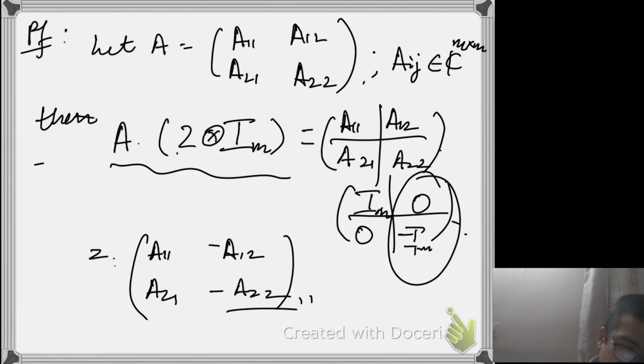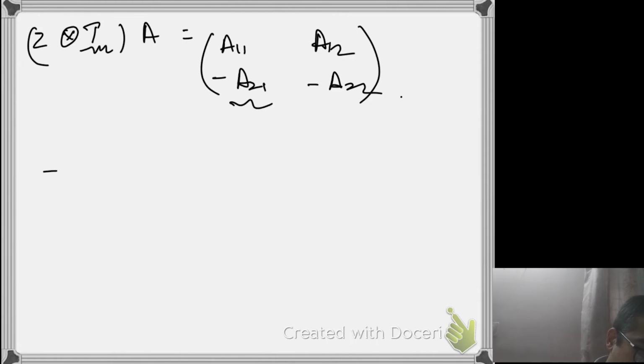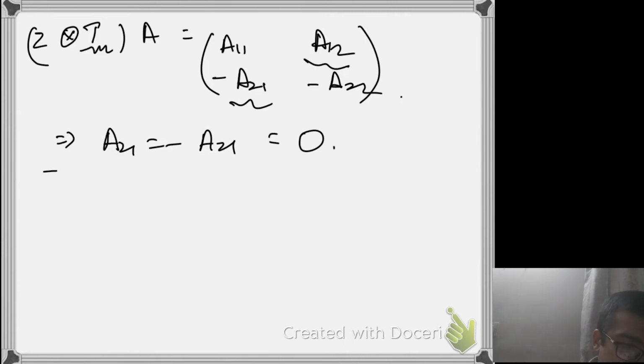Okay, and now if I compare these two, what I am going to get is that A21 is minus A21 and minus A12 is A12. So that would mean that A21 equals minus A21, which means that this is 0. Similarly, A12 equals minus A12 equals 0.